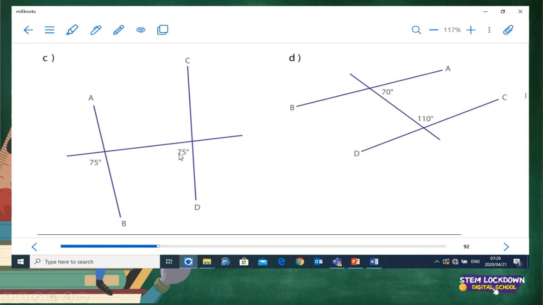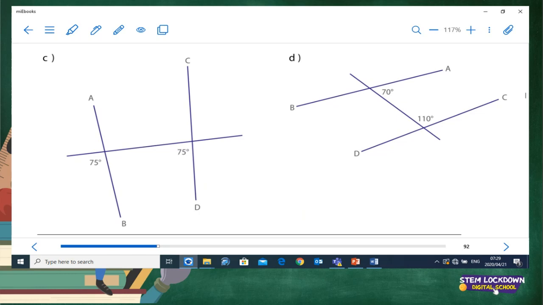Even though our sketch is not drawn to scale, it should be clear that the line AB is parallel to the line CD. The reason being, the corresponding angles are equal. You have 75 degrees and 75 degrees.